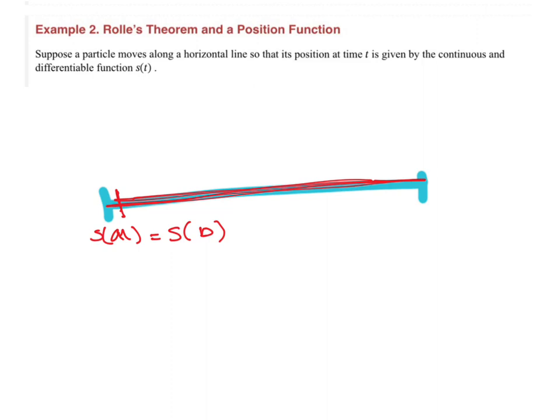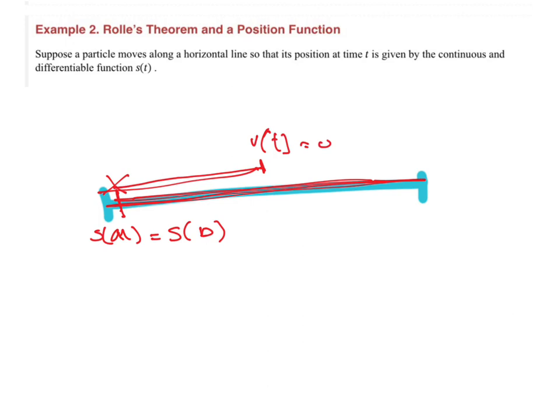Well, it doesn't necessarily have to start and end at the same place, but it has to pass through the same place. It's on a horizontal line. So in order for it to get back to x, it had to hit somewhere v of t is 0 and turn around. Otherwise, it doesn't get back to that position again. So in order to have the same position twice, it's got to come to rest.